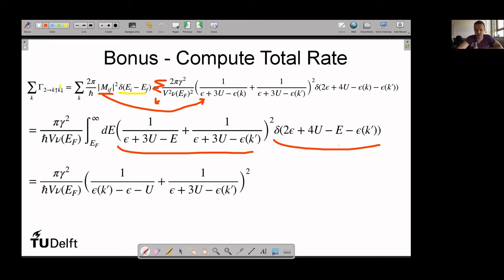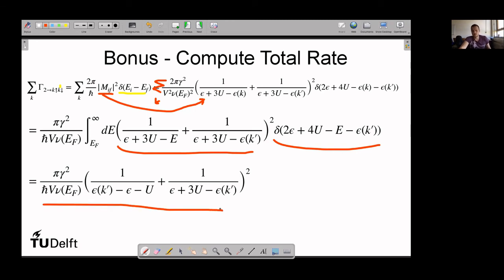This will greatly simplify the integral, because the only thing that's needed is to replace E with 2 epsilon plus 4u minus epsilon of k prime, right? Here we have performed this sum into an integral by transforming k into E. So we're left with the intermediate total rate, which still depends on k prime. This is our final answer after integrating.